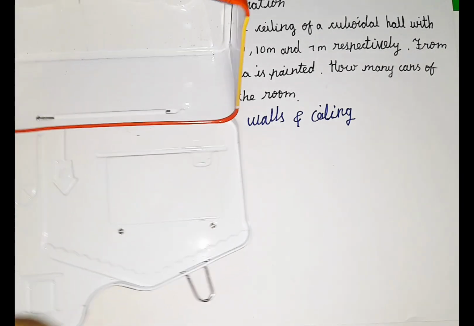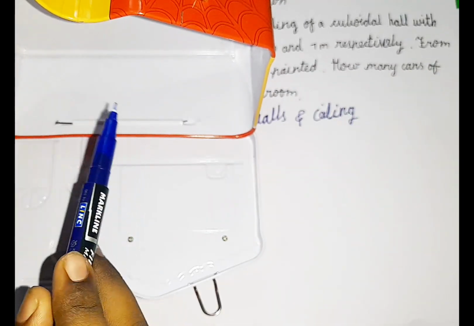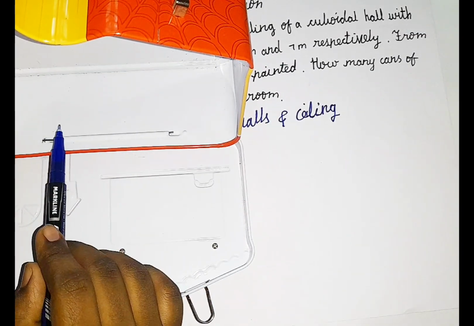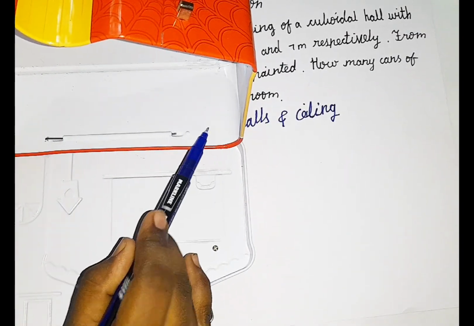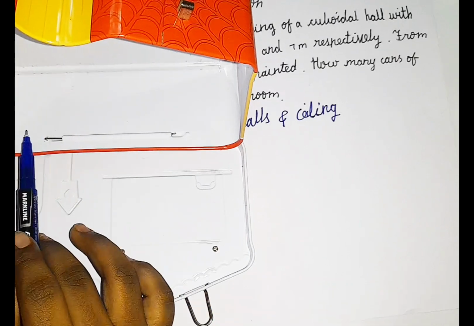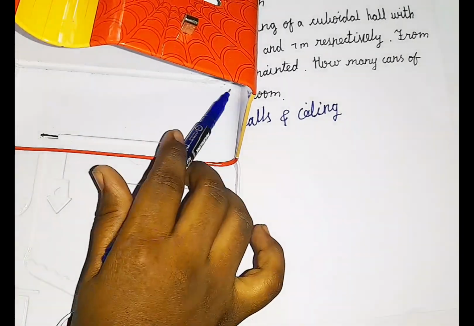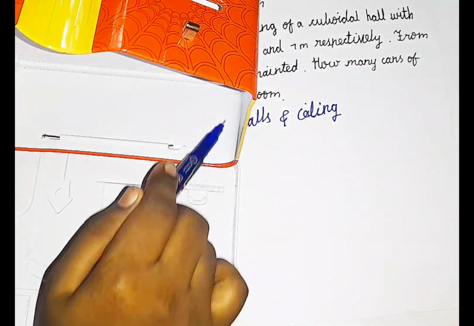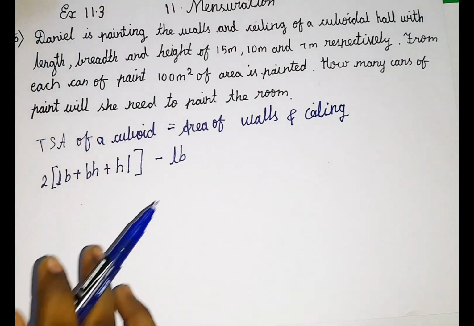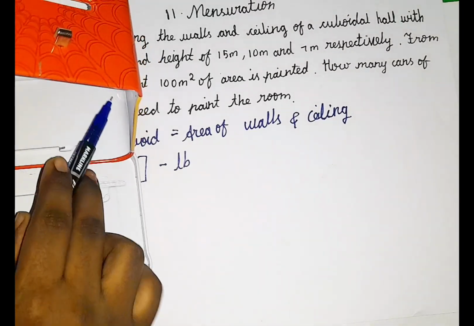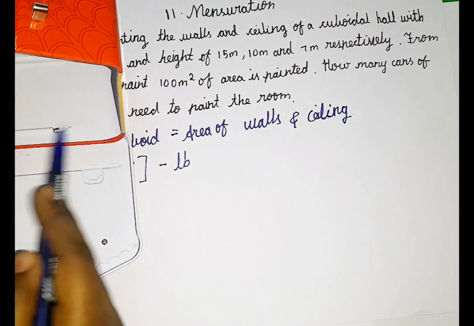Let me show you the breadth and the length. So this is the breadth, and this is the height. We'll write it as length into breadth. I told this as height, it's all okay, we can take it as length and this is the breadth.